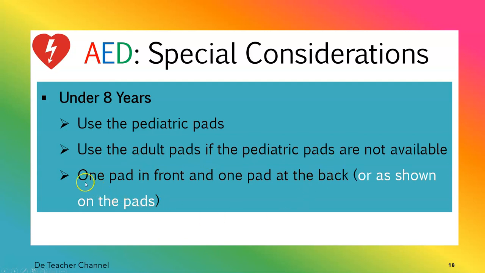In most cases, for this age, under 8 years, with the pediatric pad or adult pad, one pad is usually placed in front of the chest and one at the back of the chest too. Or just look at the diagram on the pad. It will tell you what to do.